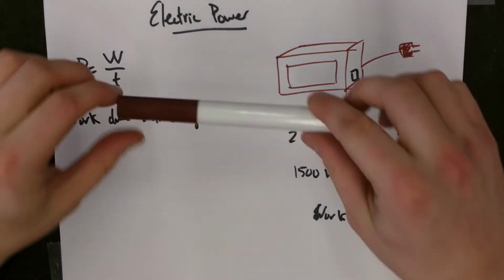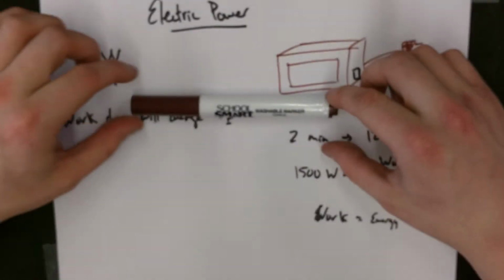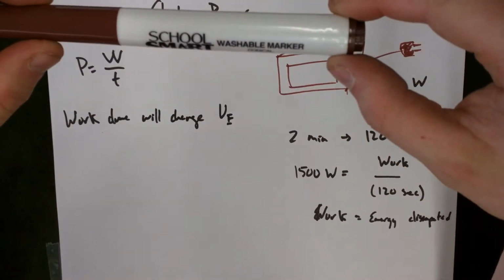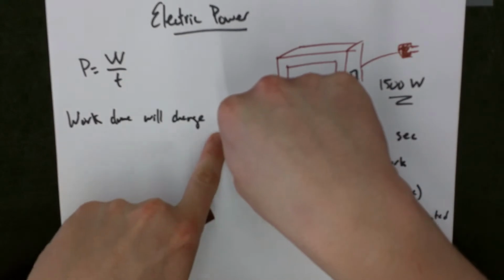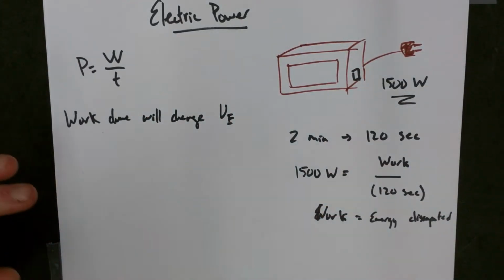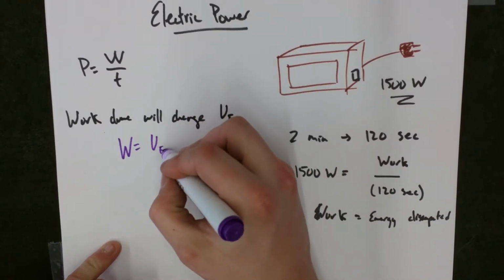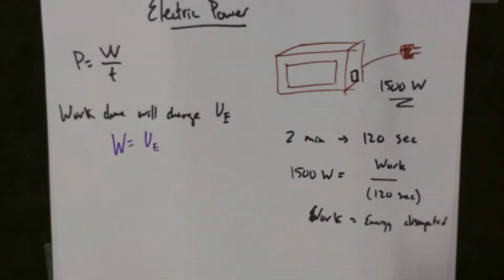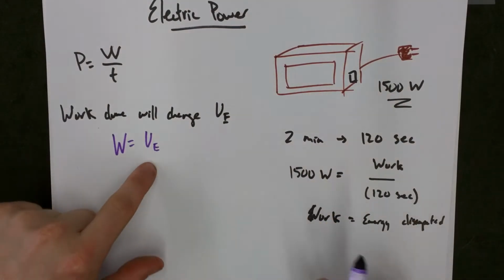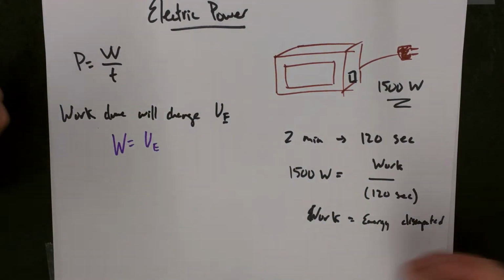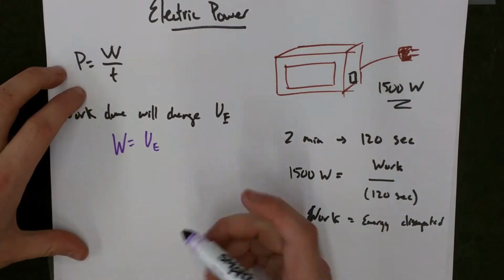Just like if I take my pen and I do some work on it to raise it to a new height, I did some work, I raised UE. So the relationship I'm going to say here is that work is going to be equal to the potential energy, whatever that final is, given the initial is 0, which we're free to set.